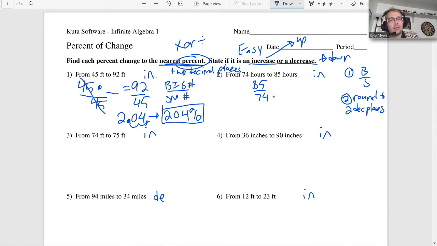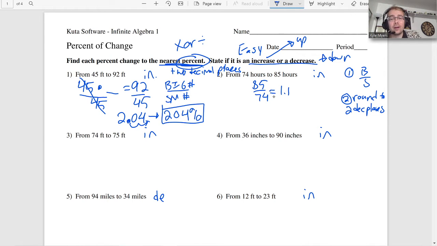So this is going to be equal to 1.1, and then the next number is a 4, but the number after that is an 8. You have to look at the first 3 digits if you want to round to 2. If you wanted to round to 3 decimal places, you'd have to look at the first 4 digits, because the other digit after the one you're trying to round to is going to decide whether the last digit is going to round up or down.